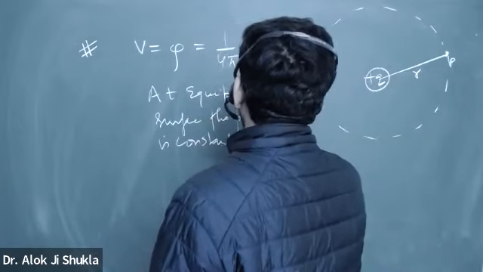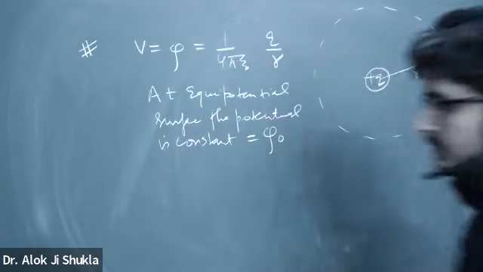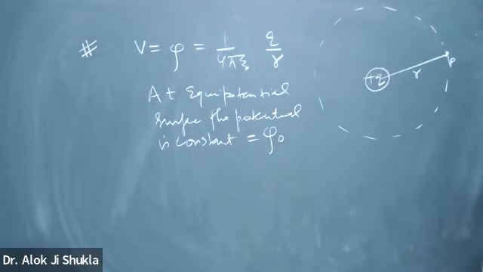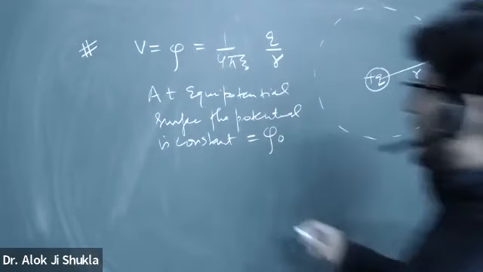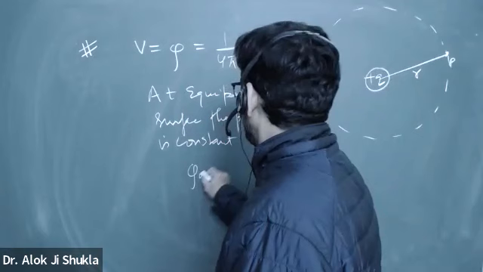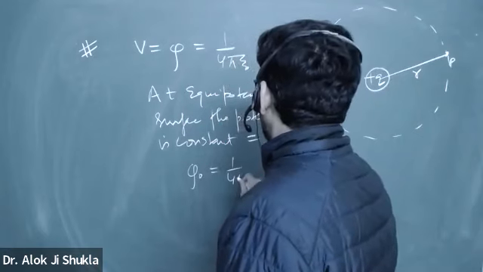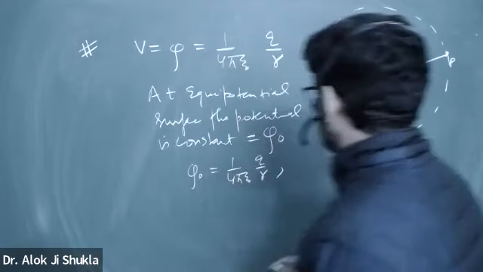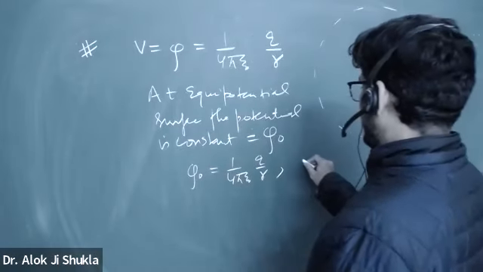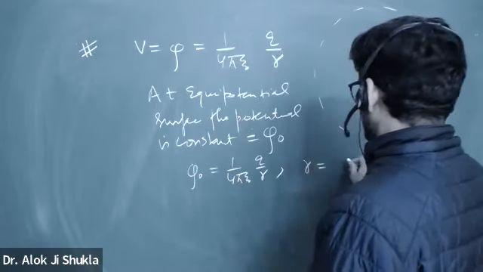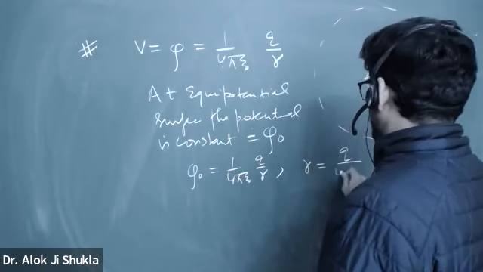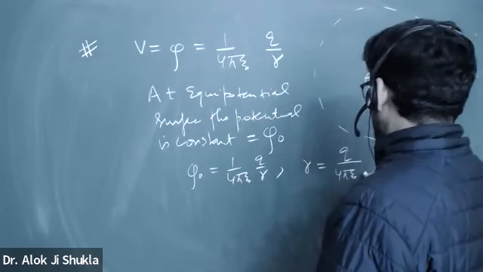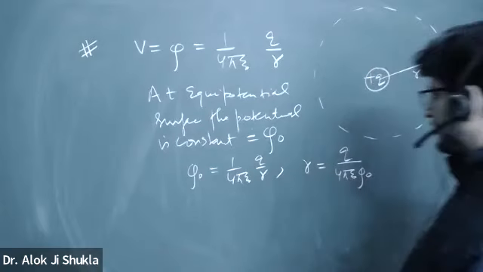So let us take that potential equal to phi naught. तो phi naught will become 1 by 4 pi epsilon naught Q by R. So R will become Q by 4 pi epsilon naught phi naught.